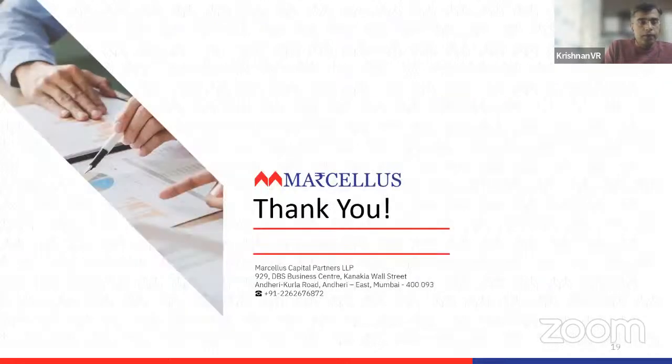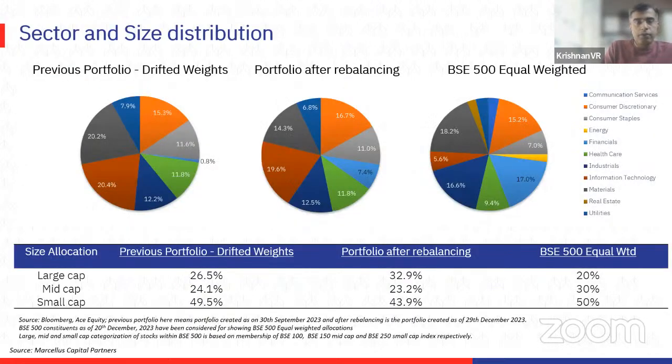Moving on to the sector distribution, when you compare the new portfolio versus the earlier one, the weightage to financials has gone up. We have two additions of 2 banks in the last rebalance, IndusInd and HDFC Bank.